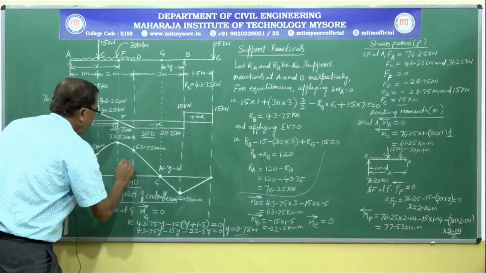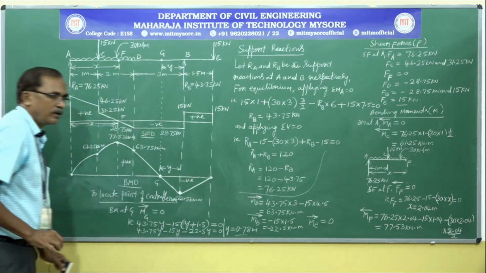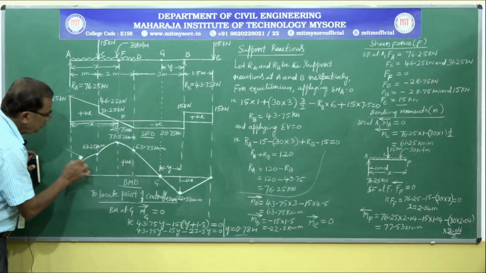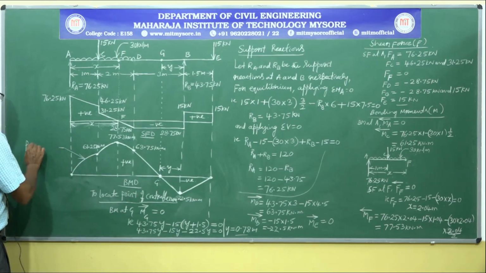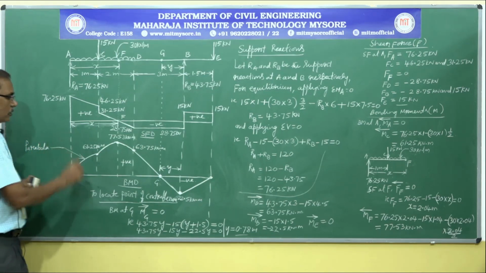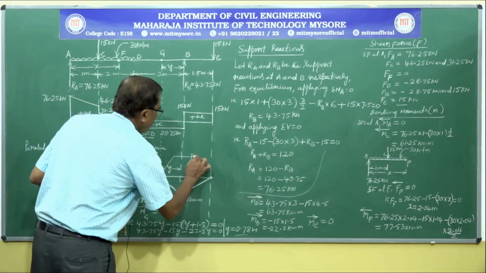So bending moment above the reference line is positive, and bending moment below the reference line is negative. We can show the variation. This is a parabola. Also we can mark this as the point of contraflexure.